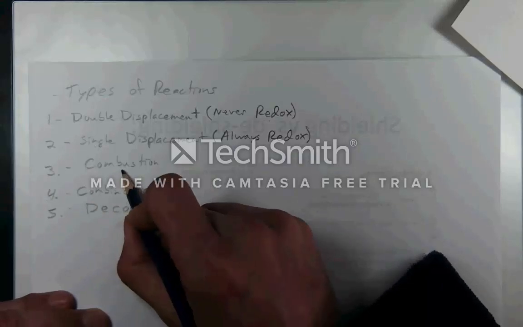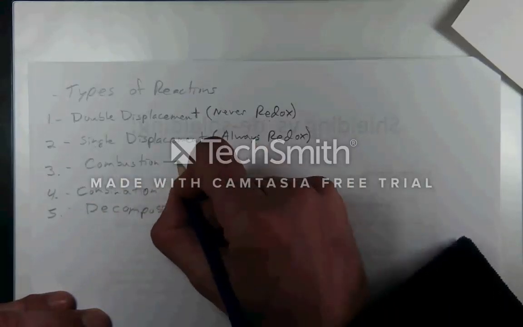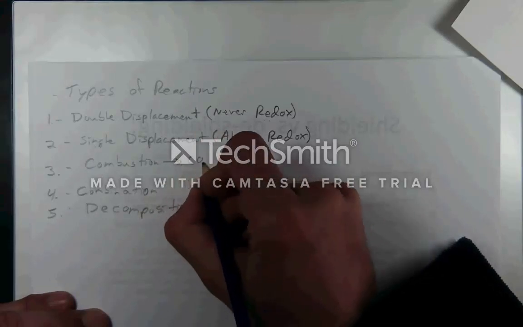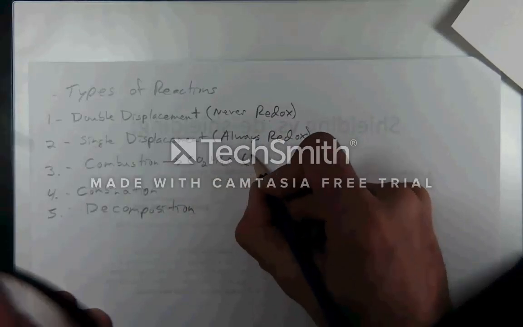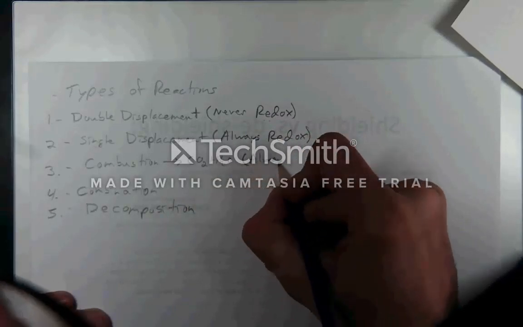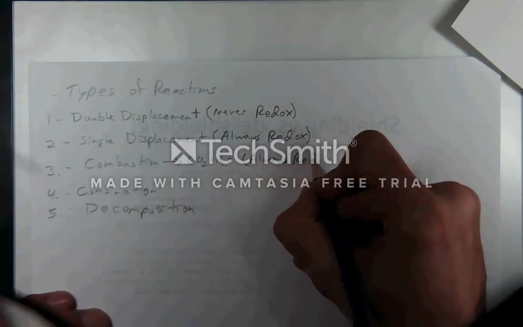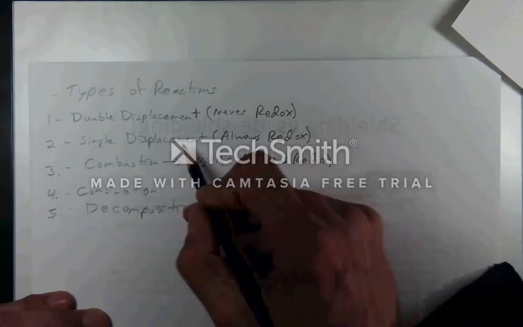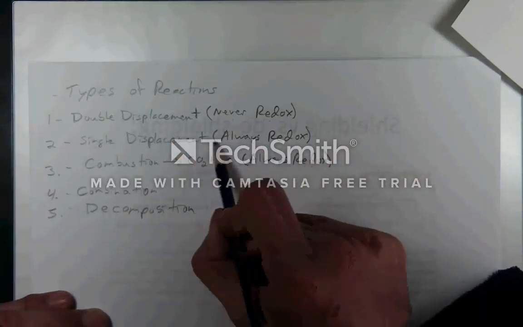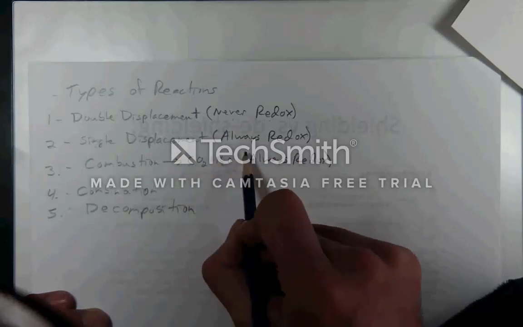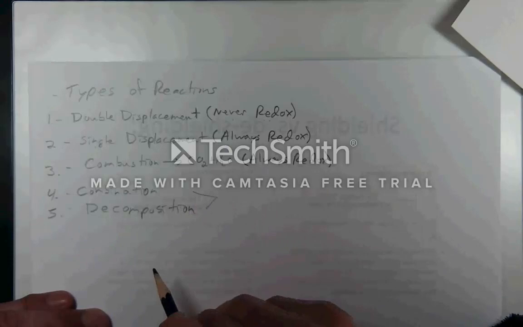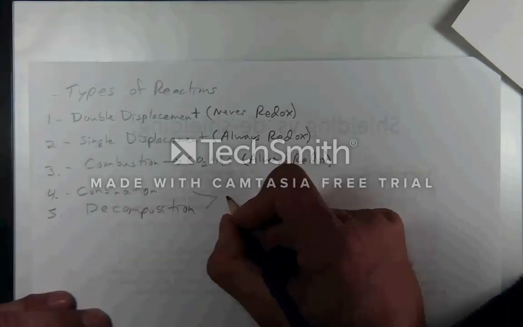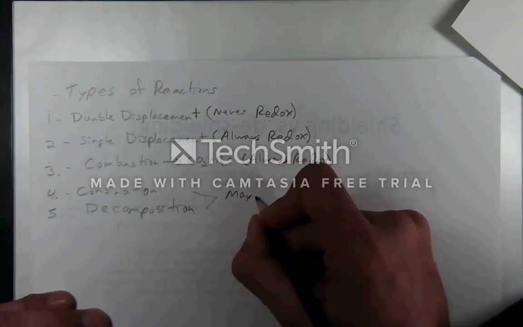And if you recognize a reaction as a combustion reaction, remember combustion always gives us the products of CO2 and water, this is also always redox. So double displacement never, single displacement and combustion always redox. These two guys, combination and decomposition, may or may not be redox.